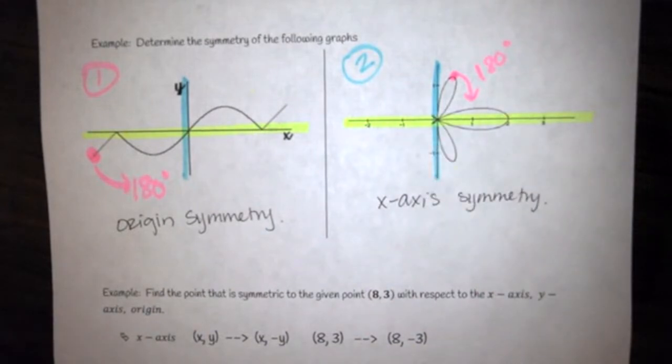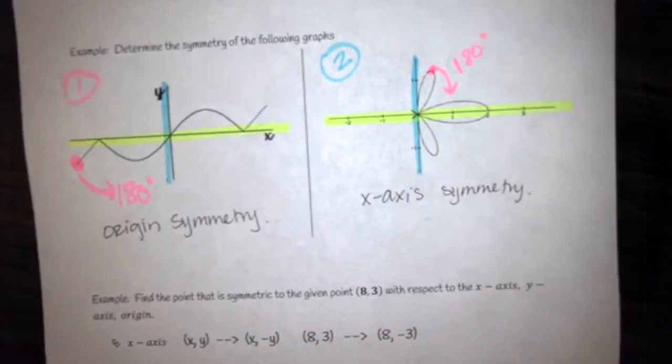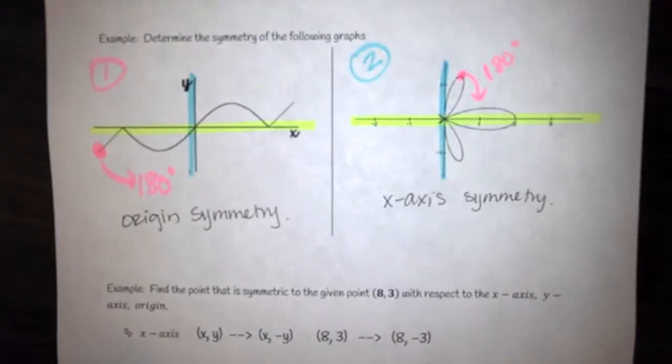Therefore, the only symmetry I have for this one ended up being x-axis symmetry. Now, what's important to remember is you can have one symmetry type, you could have two symmetry types, or you could have all three symmetry types within one graph. So you do have to test all three symmetries before you can definitively state what you have.